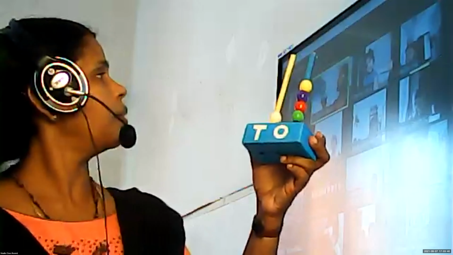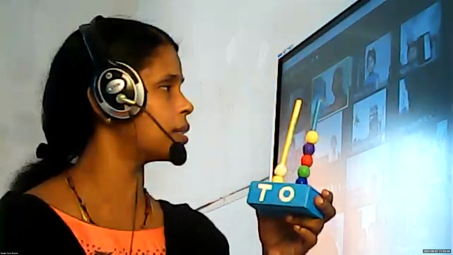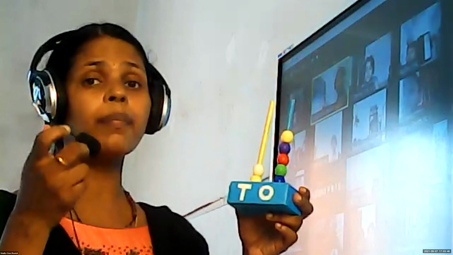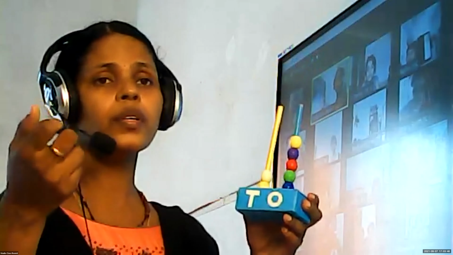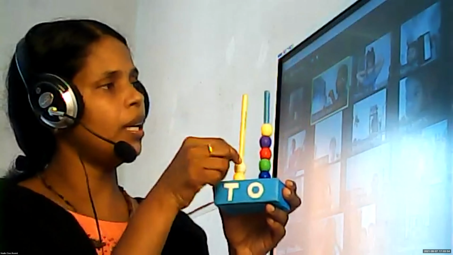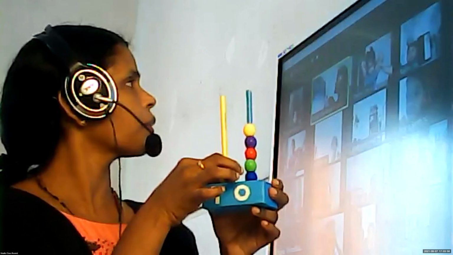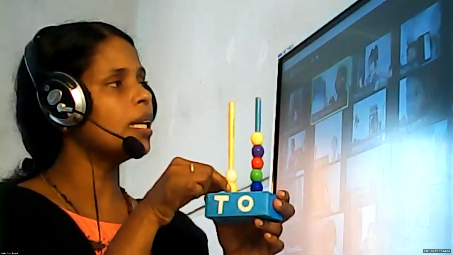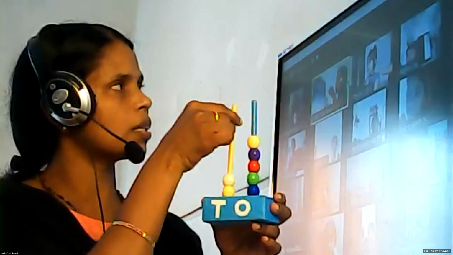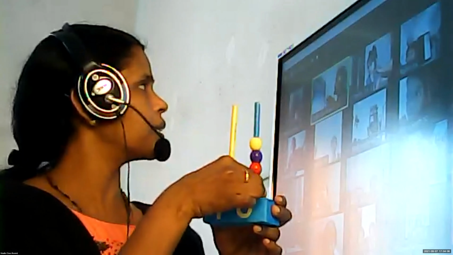Rashid, listen here. Today we are discussing the abacus. What is an abacus? It's a tool we use for calculating. Here we can see beads. These beads slide on the rods. Slide on the rods means we can move these beads.